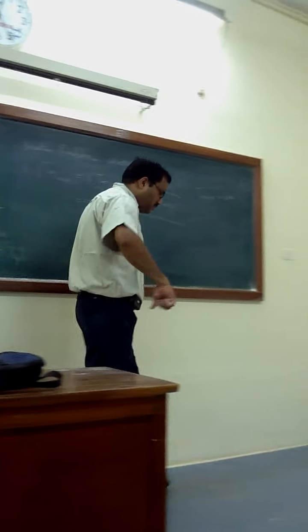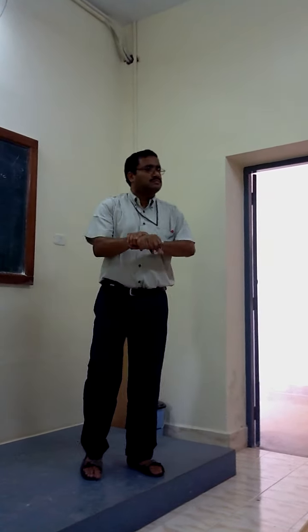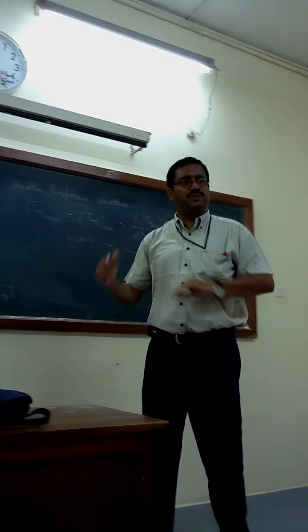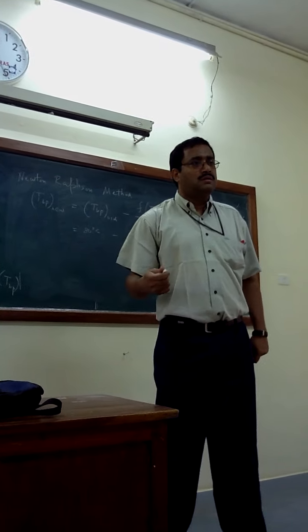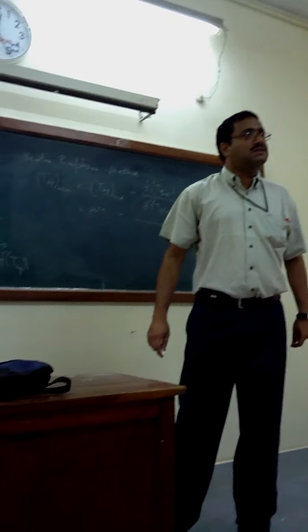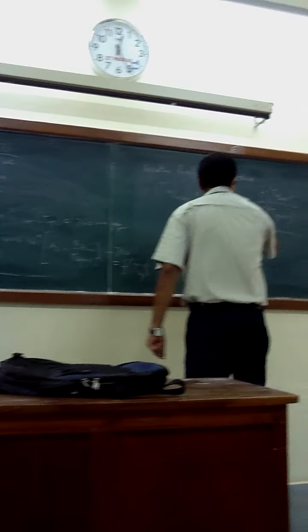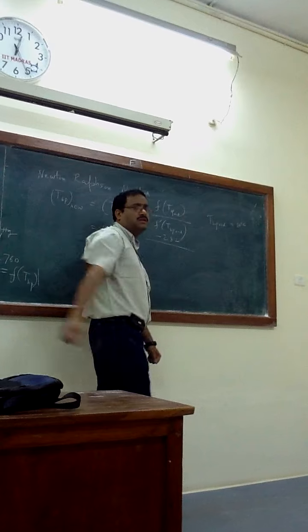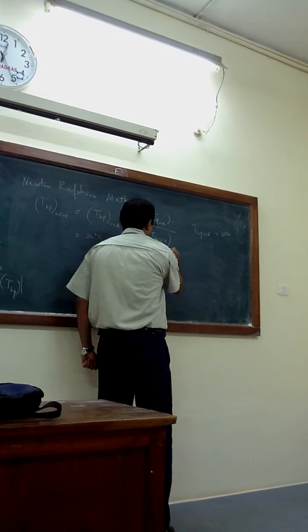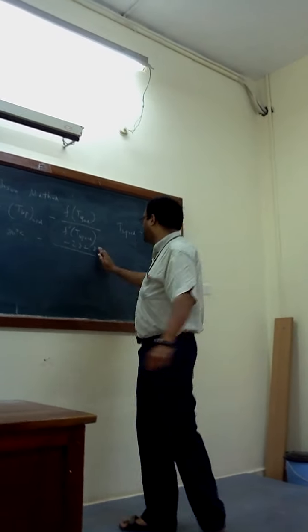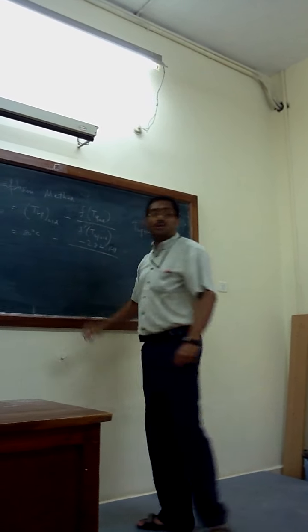How much is it coming? F of TBP old is minus 282.148. Is that correct? Yes or no?